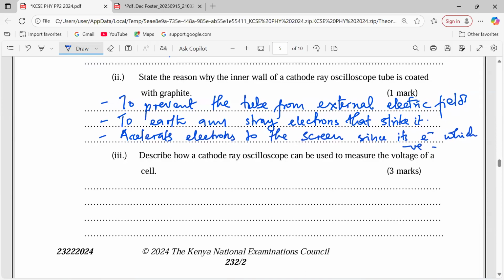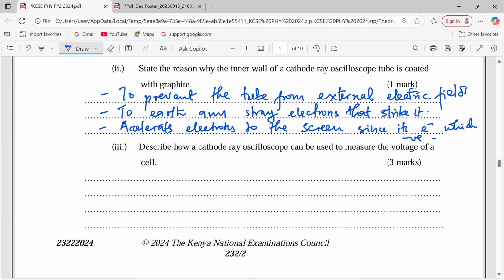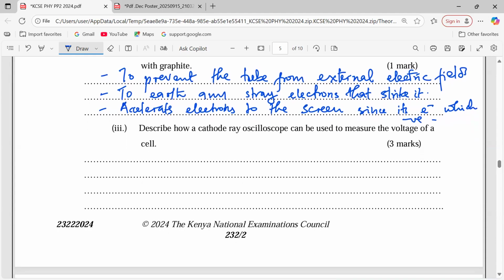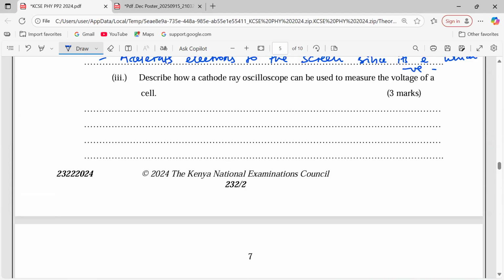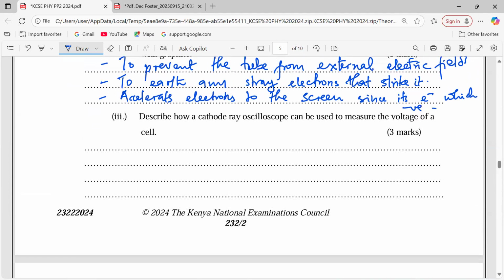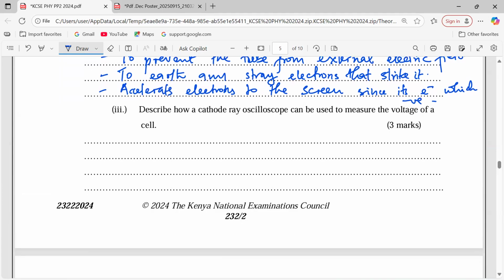Therefore, it works to ensure that the electron beam is repelled, and if repelled, then it will not be distracted towards the walls. It will be directly focused to the screen.